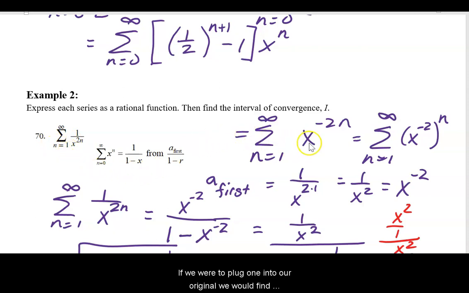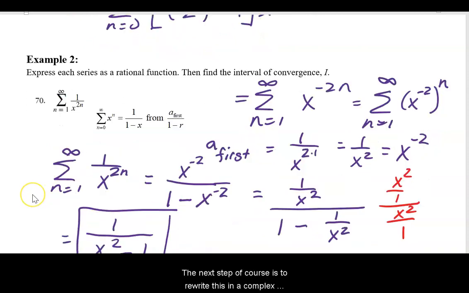If we were to plug 1 into our original, we would find that the first term in our series is x to the negative 2, or 1 over x squared. So when we convert to our formula, we have to use the true value of a first, which is x to the negative 2, when we write it in the geometric series form. This gives us x to the negative 2 over 1 minus the thing being raised to the nth power, which is x to the negative 2.